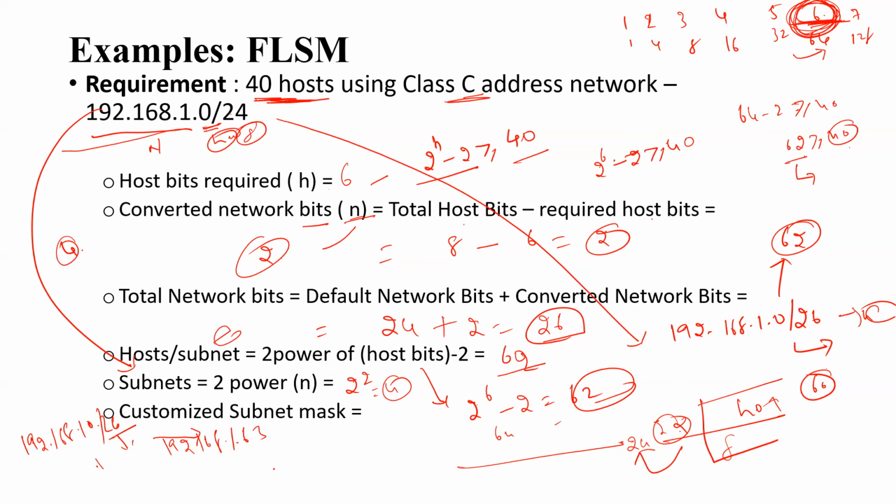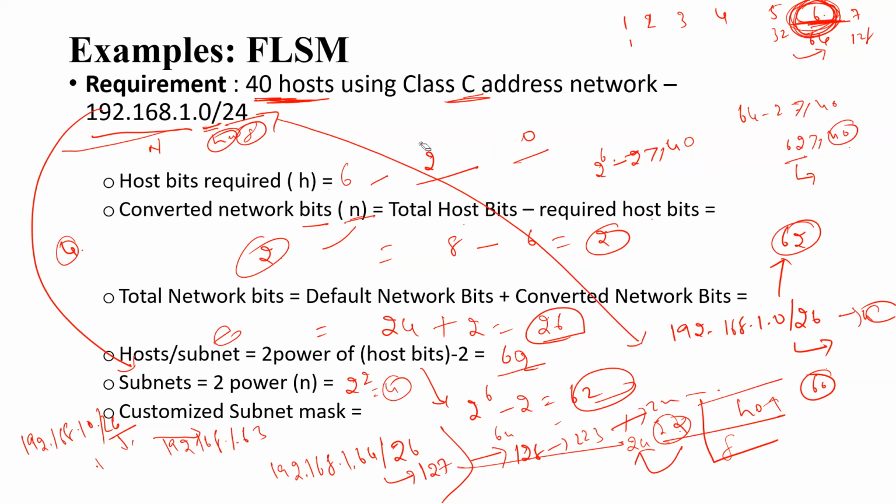And then the next one is 192.168.1.64/26. Till here it will come till 127. Again from 128 to 223, again 224 to 255. So we are dividing this /24 into 4 /26 subnets. Let me show you what the subnets are. Here I'll write it.